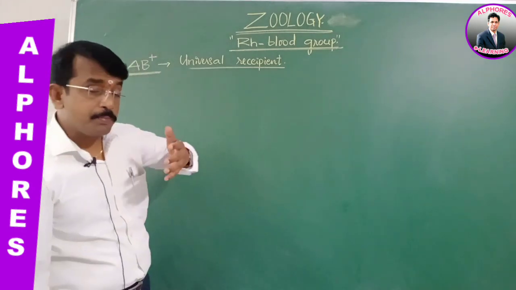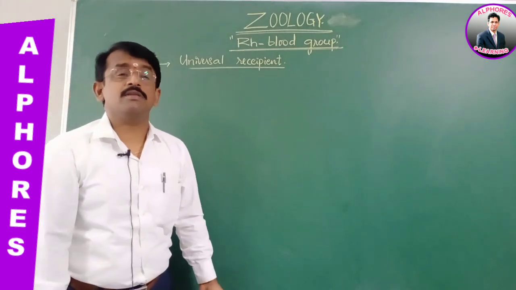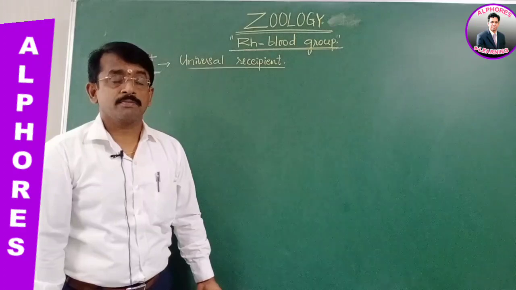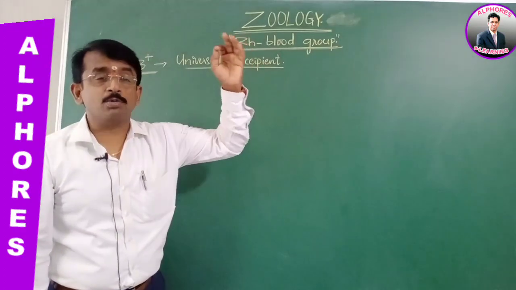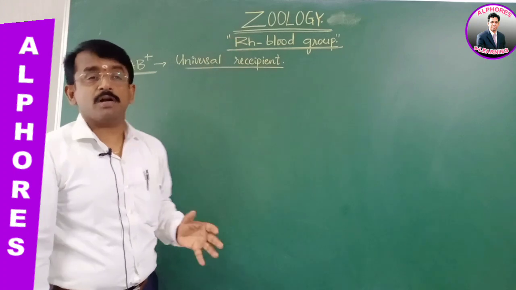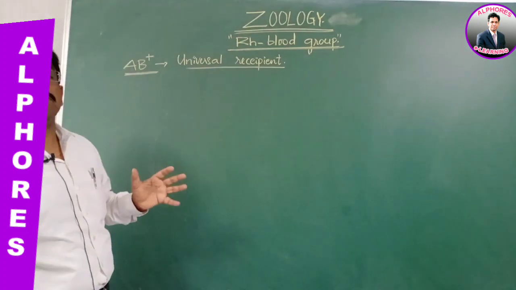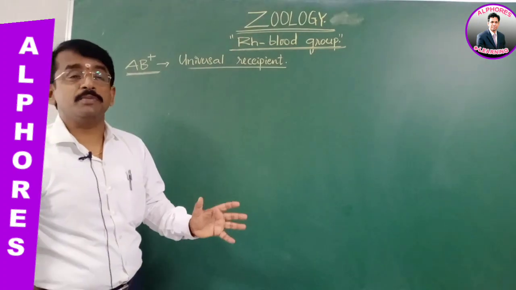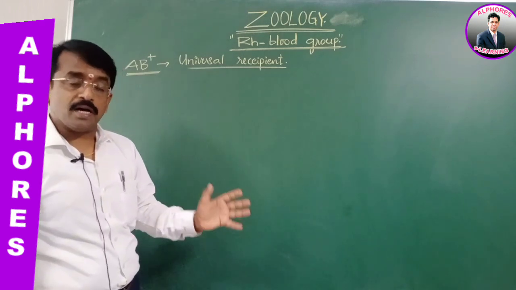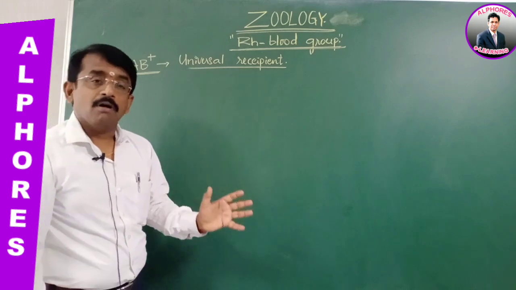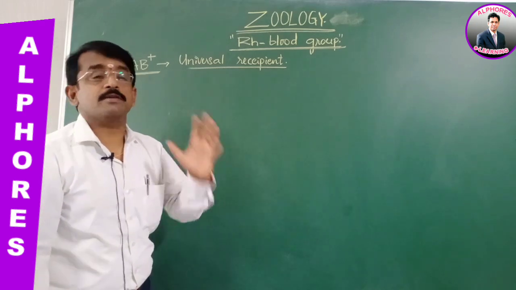So if positive blood is donated to negative individuals, it results in genetic incompatibility, leading to the rupturing of the blood vessels. That's the reason why the marriage between a positive husband and a negative wife is not suggestible.